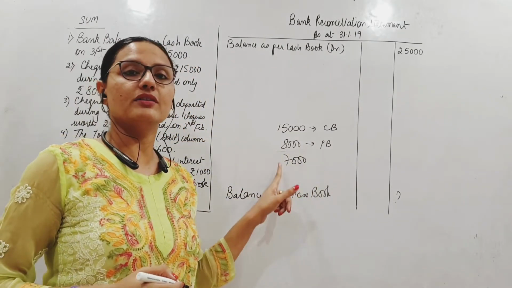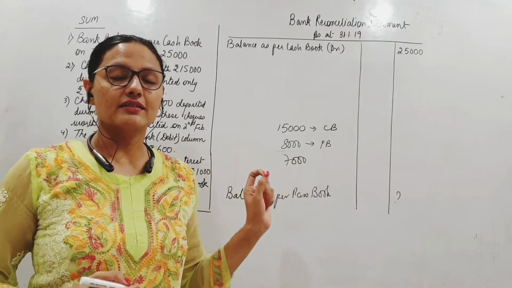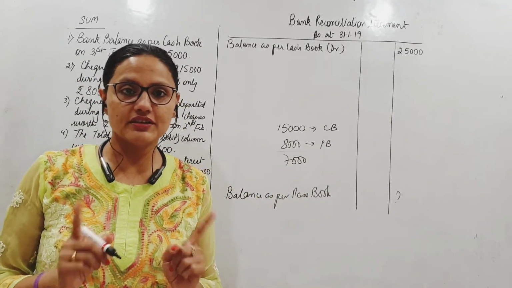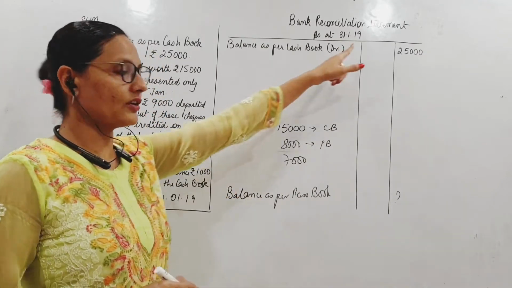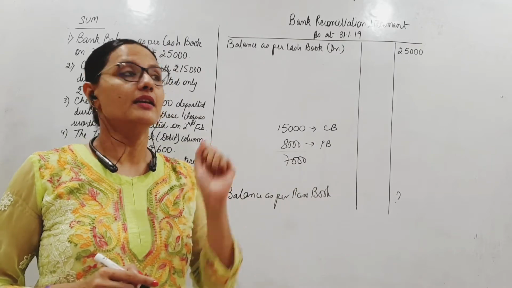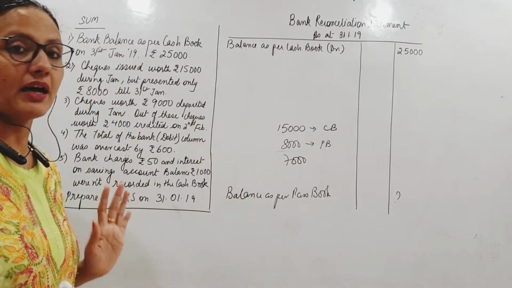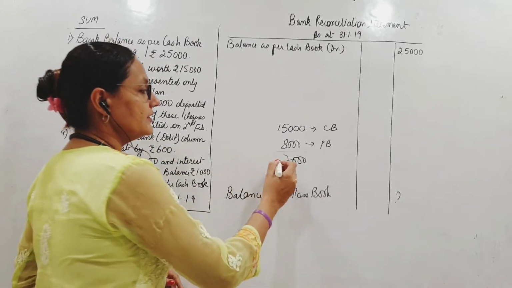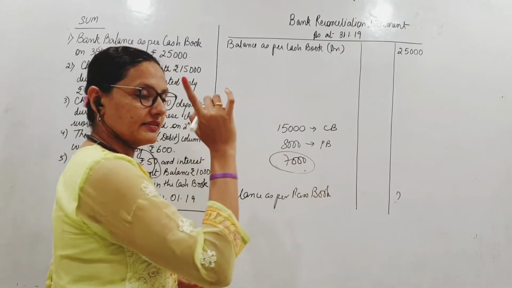These 7,000 worth of checks are what? Checks issued but not presented. That will cause a difference. Yes? Checks issued, recorded here but not presented, not recorded here. This is one reason of difference between the cash book balance and the passbook balance. Is that clear? So, the amount of difference is 7,000.